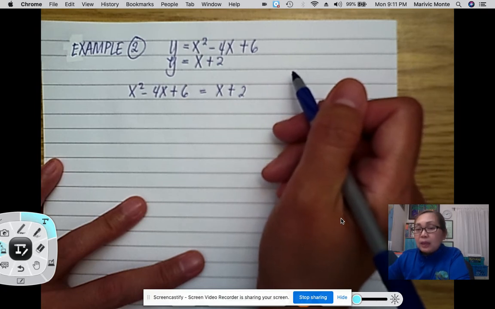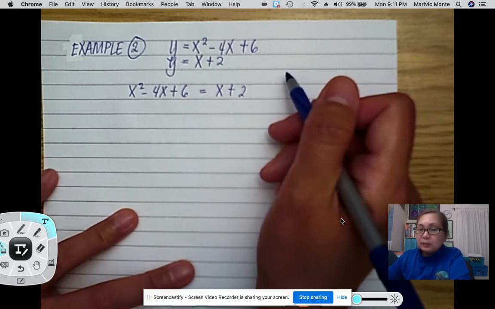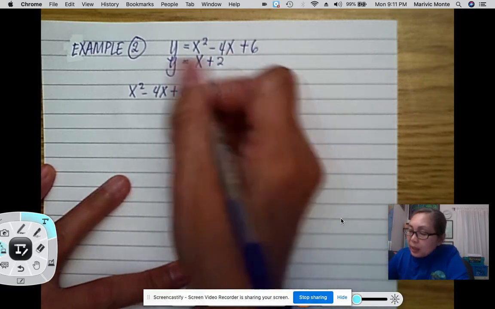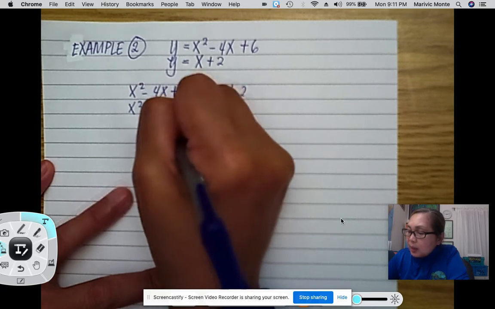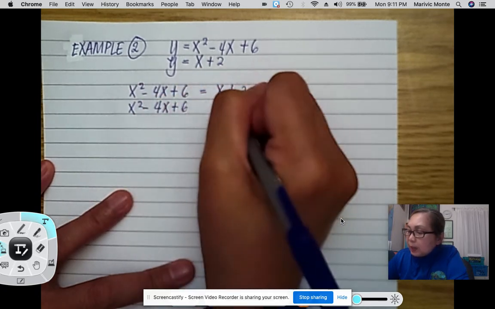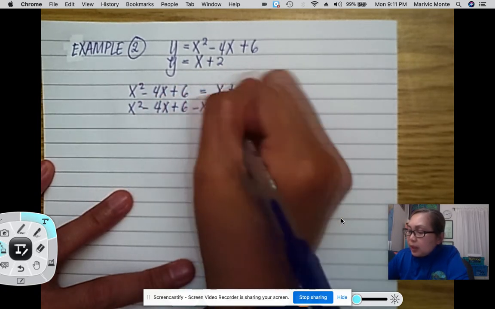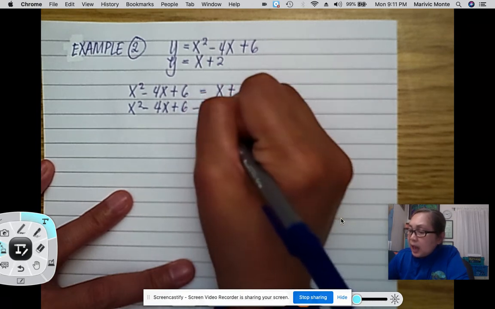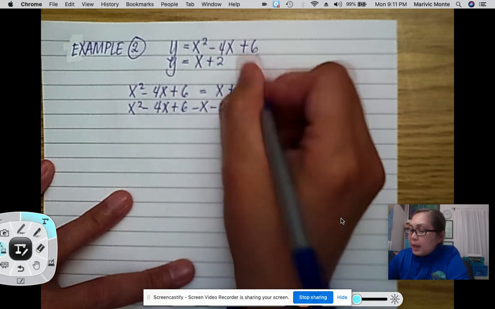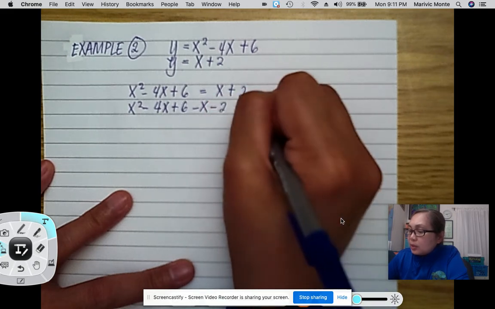When I have that form, then I can factor it. So this will turn into x squared minus 4x plus 6, and I'm going to copy my minus x over there, becoming a minus because there's a positive on the other side. And I would have a minus 2 on the left, equals 0.